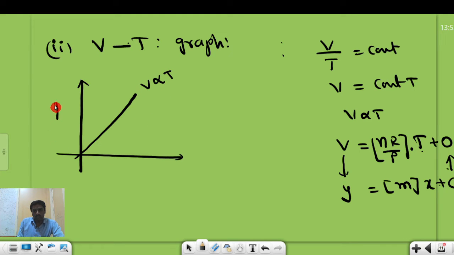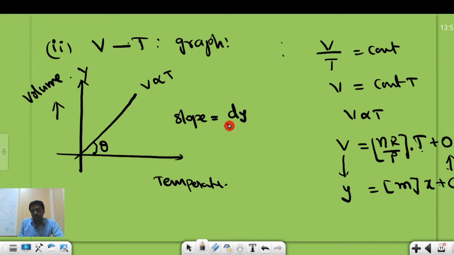Here the volume is on the y axis and the temperature is on the x axis. What is the slope of this graph? The slope is equal to dy by dx. Here dy is dV and the x component is dT. What is dV by dT? This is the slope we are getting.